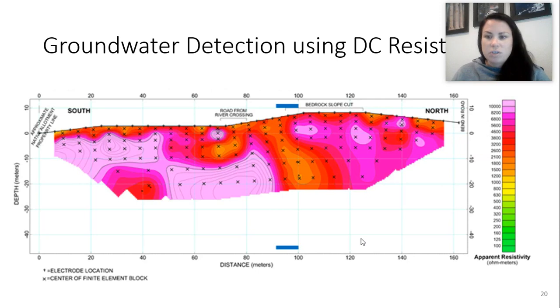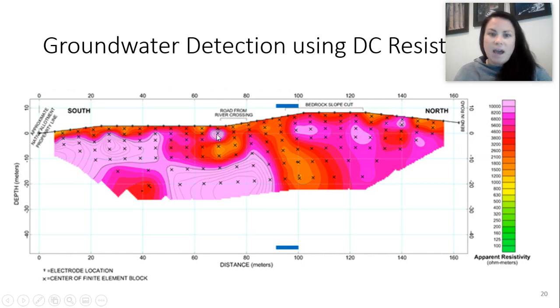And what this shows you is how resistive it is: in the light pinks, something is very resistive, and then the greens are not resistive. So generally, we're looking at a very resistive section here. And the lightest colors here would show you that this is extremely resistive. This is like a bedrock or something.